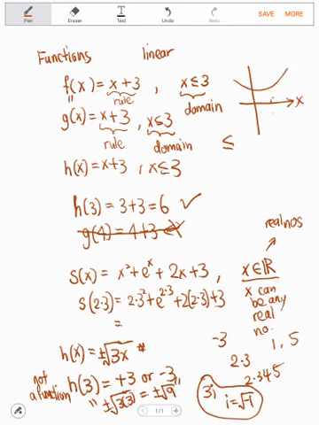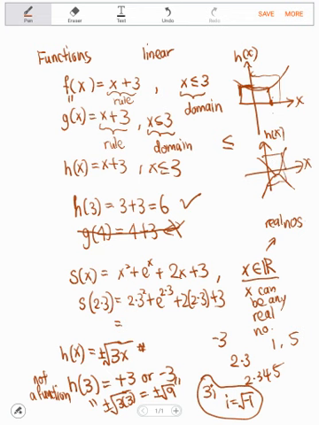So this is a function. Every value of x is mapped onto one value. This is mapped onto the same value here, but it's only mapped onto one value. This is a function, but this is not a function. This is still a function. This is not a function anymore, because one value is mapped into two values.